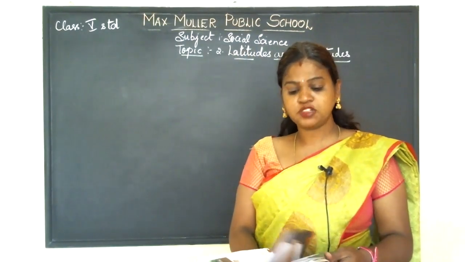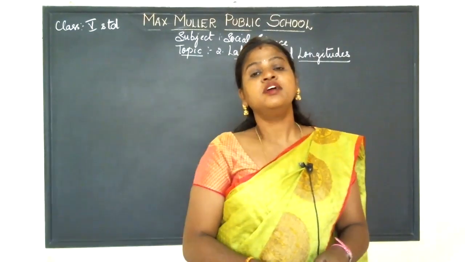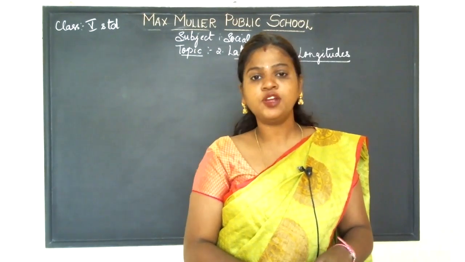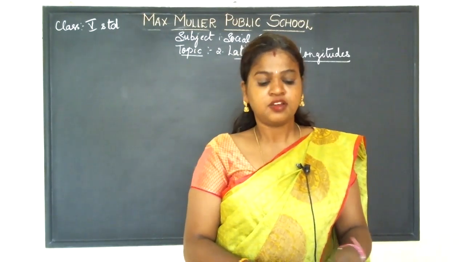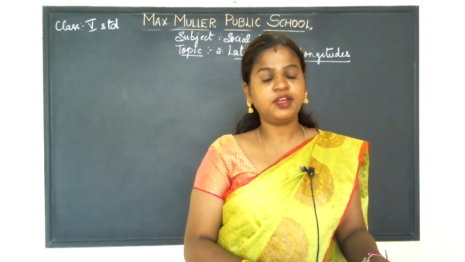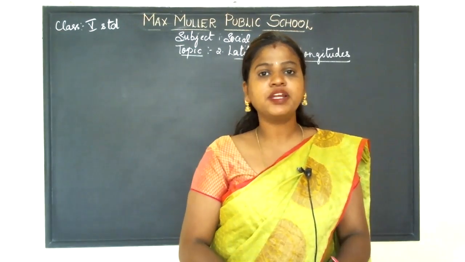Please copy this also in your rough notes. Children, all should copy the questions with answers of the second lesson, longitudes and latitudes, for the test. These will be the important things which you have to read for your coming formative assessment.